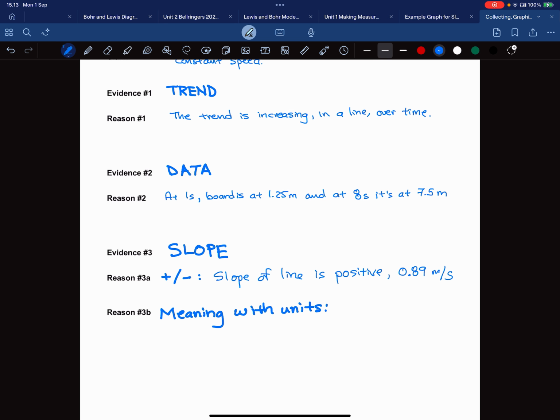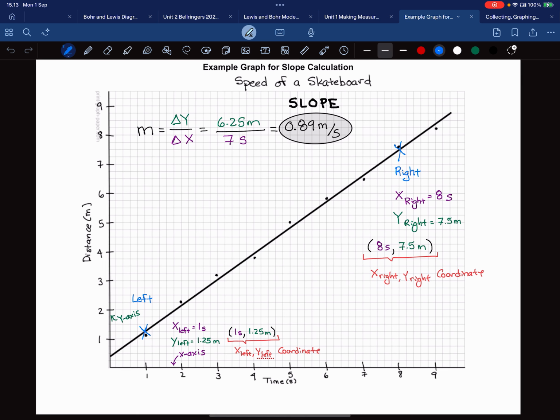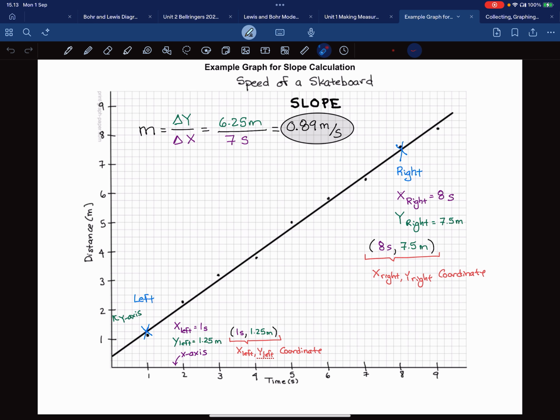With the units, what does that mean? Basically what that means is every second that goes by, so here's 1 second, here's 2 seconds, the skateboard goes another 0.89 meters. And then when another second goes by, the skateboard goes another 0.89 meters.